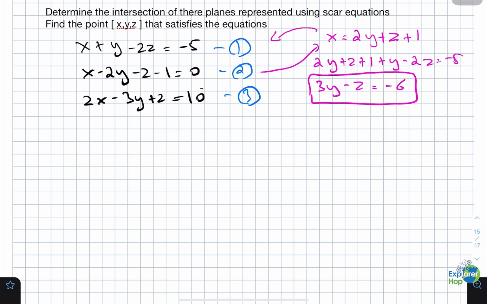Now we can make z the subject, which gives me z equals 3y plus 6.